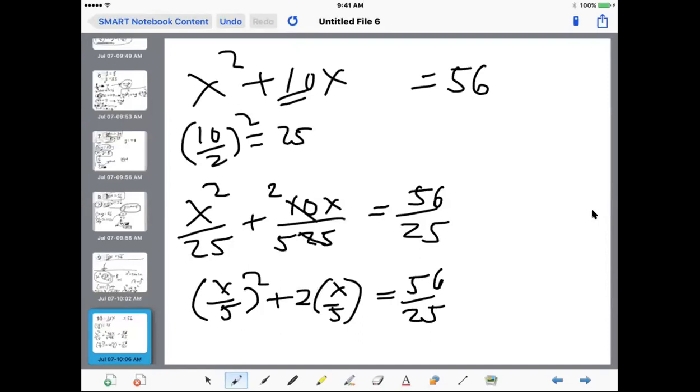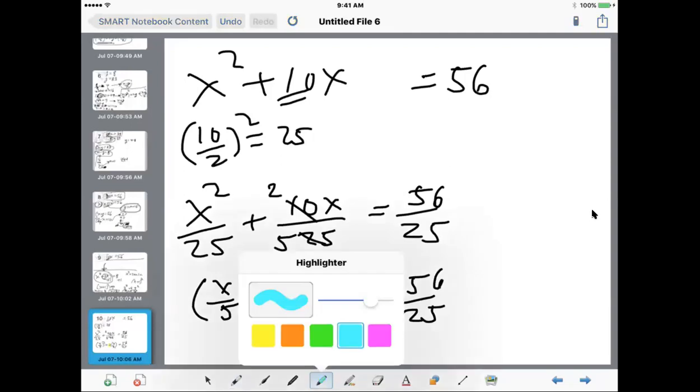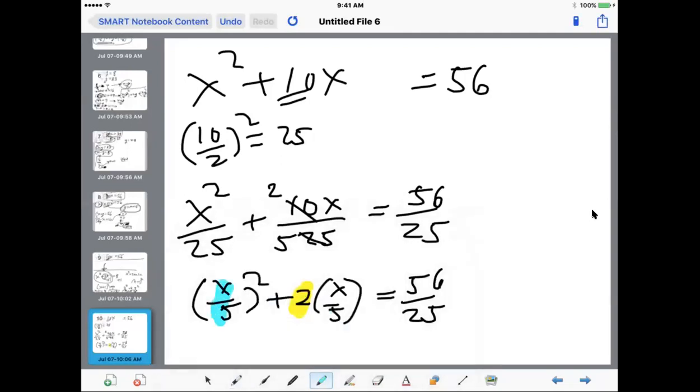I'll leave that alone. And if you do that process, this is always going to happen, that it's going to become 2, and that these two things are always going to be the same.